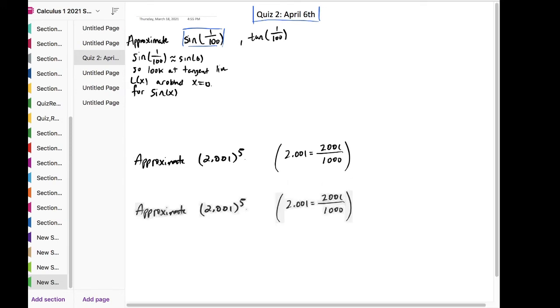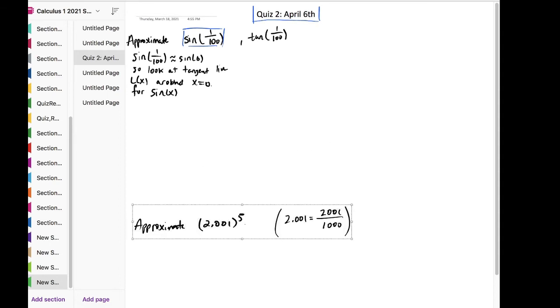And a slope, good. So what is a point that's on the tangent line at x equals 0? Yeah, 0, 0.